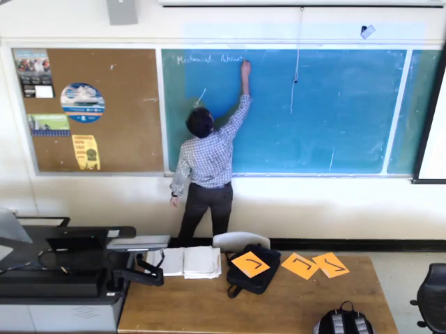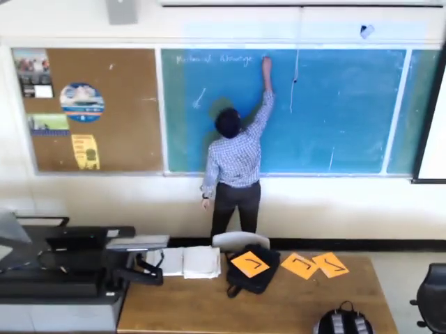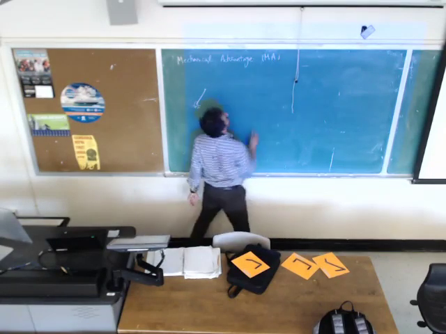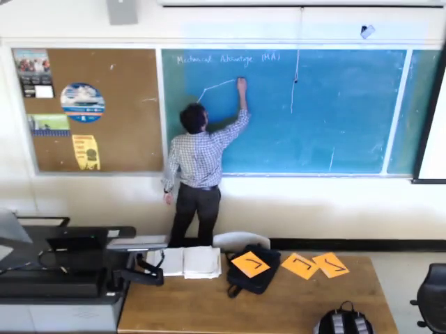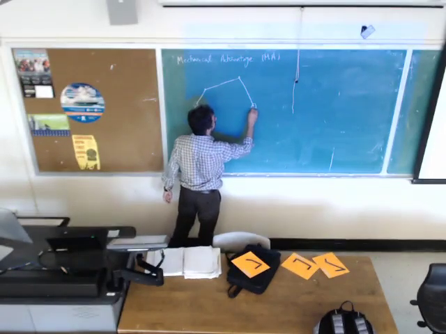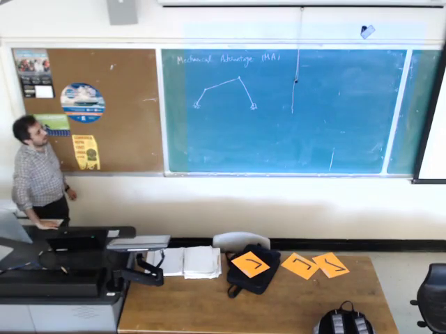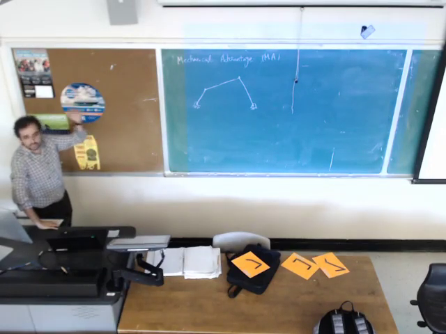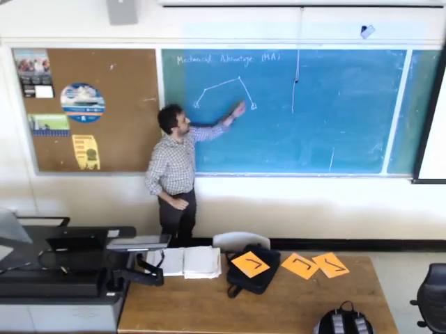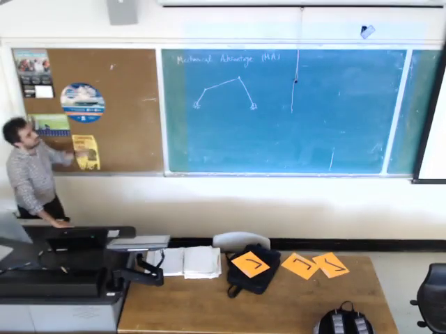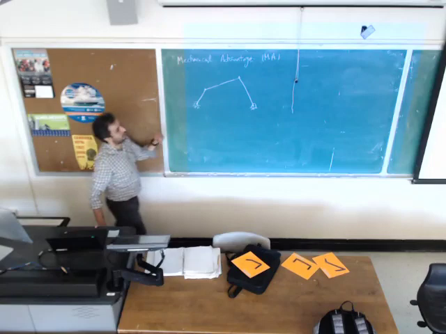I need to define a couple of terms before we go through the mechanical advantage. If we have this 4-bar mechanism, 1, 2, 3, 4, we have designed or created the mechanism to do something for us.